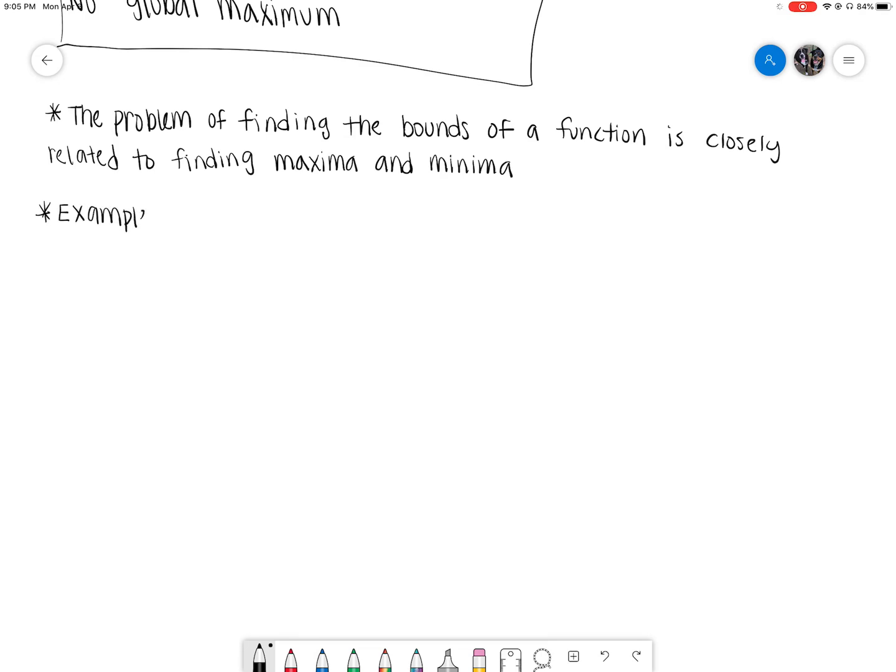What do I mean by that? Well, first example, which is not really a real example, just kind of showing the point here.